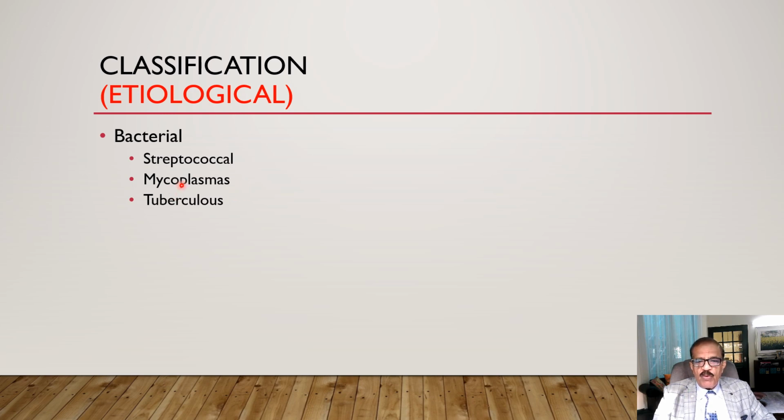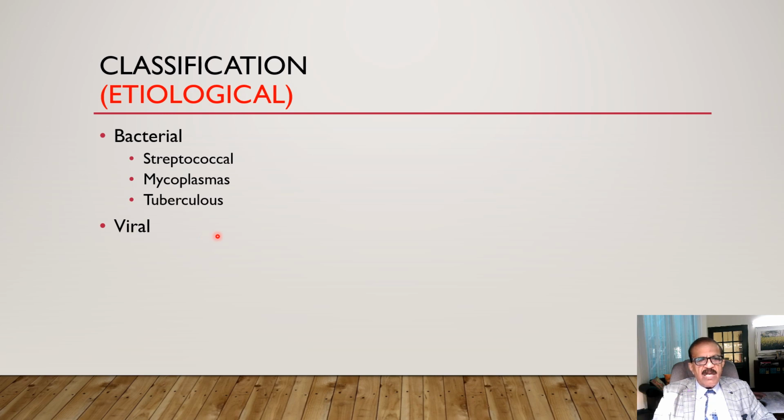Because we know which antibiotic works best for streptococci. Although recently streptococci have developed resistance, we need to have some information which antibiotic is effective these days in our community. Then tuberculosis. Tuberculosis can also cause pneumonia, although tuberculosis typically would cause a fibrotic cavitating lesion that is different than pneumonia, but technically it is also responsible for causing pneumonia, especially in immunocompromised people.